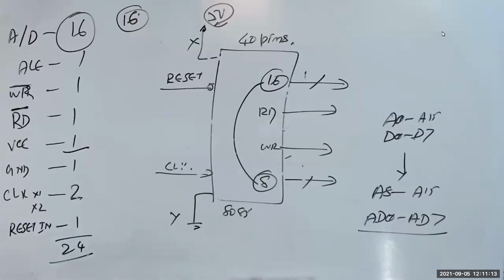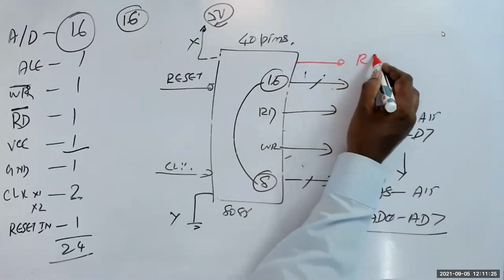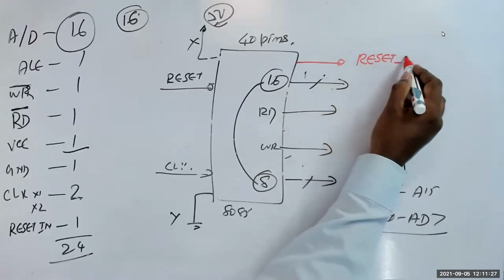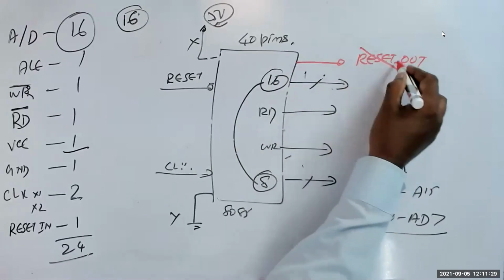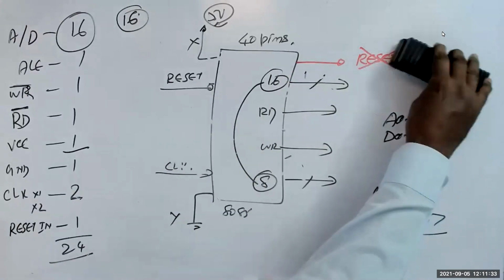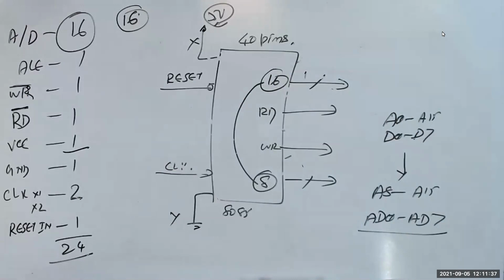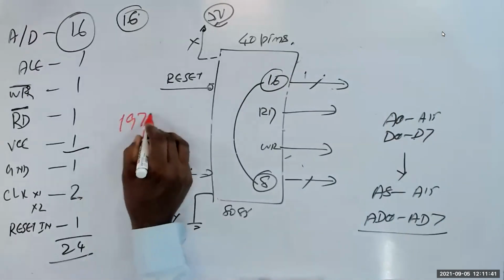So this is what is general. In a general microprocessor, we don't have a signal called reset out, because the reset circuit itself will do it for the reset. Generically, microprocessors don't have reset out, but the 8085 was designed in 1976.